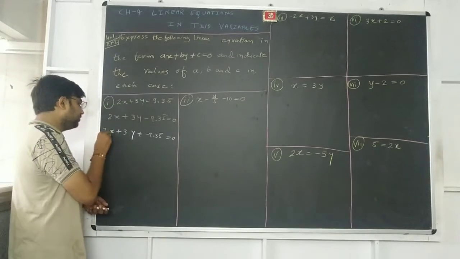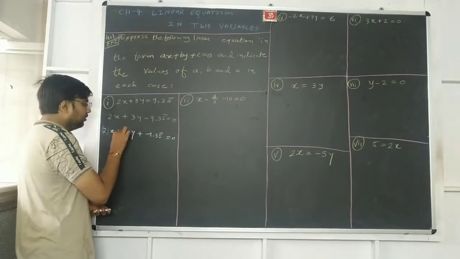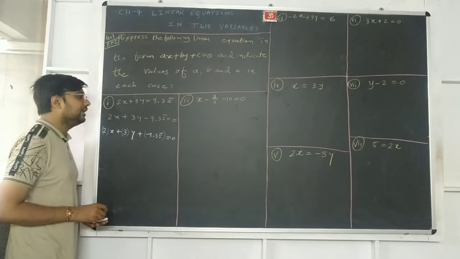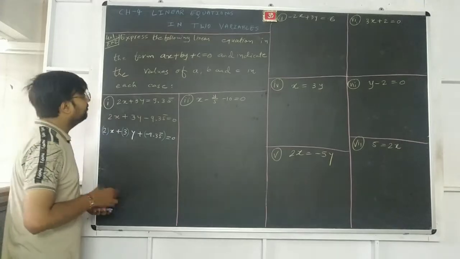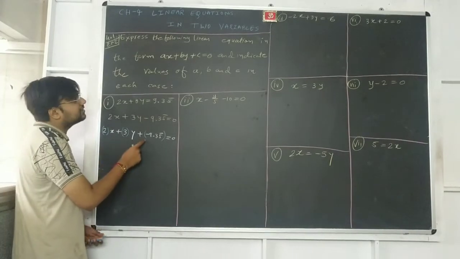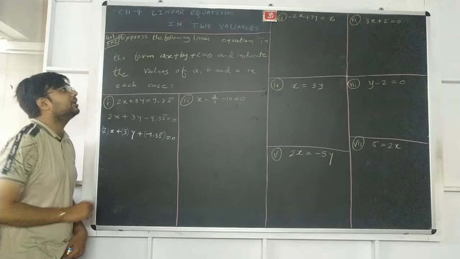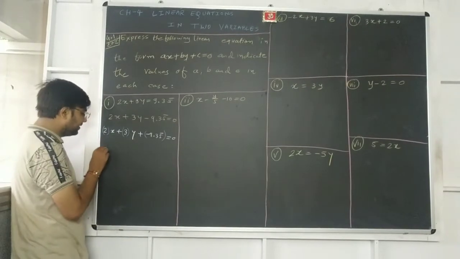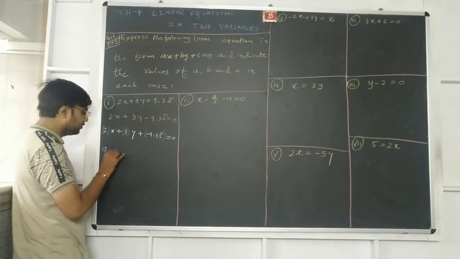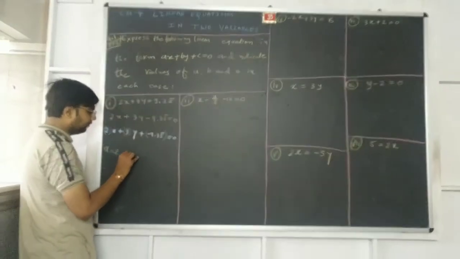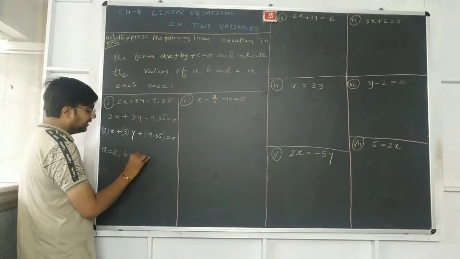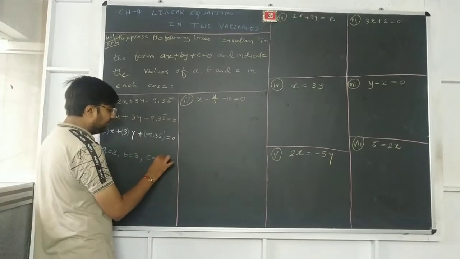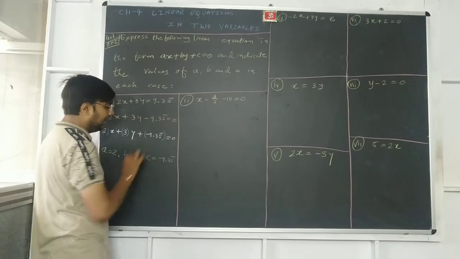We know that the coefficient of x is 2, the coefficient of y is 3, and the constant term is negative 9.35 bar. Comparing this equation with ax plus by plus c is equal to 0, a is the coefficient of x, so a is 2, b is the coefficient of y, so we get 3, and c is the constant term, so we get negative 9.35 bar.